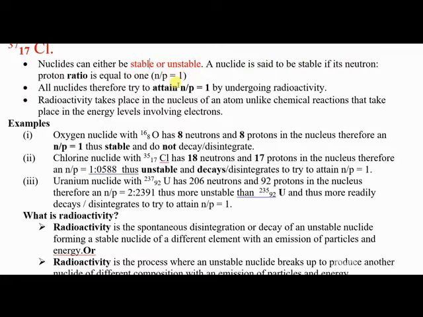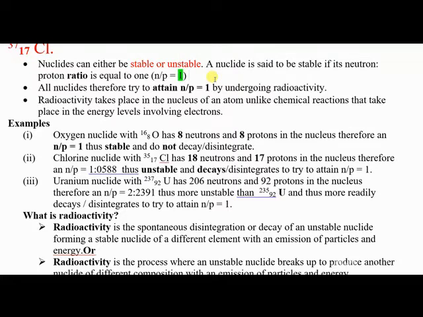It will not disintegrate. But any nuclide or isotope whose ratio is not equal to 1, whether less than 1 or more than 1, will always disintegrate, will always undergo radioactivity, will decay spontaneously to attain the stability of 1. Stability of what? Of 1.